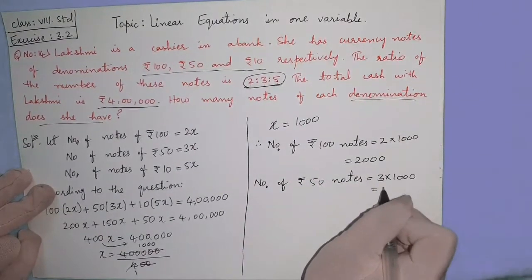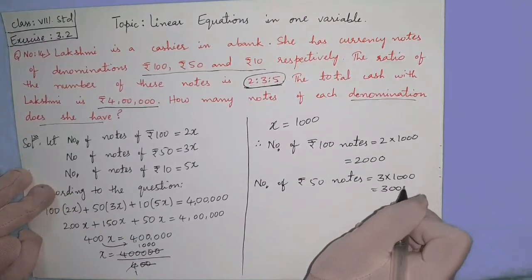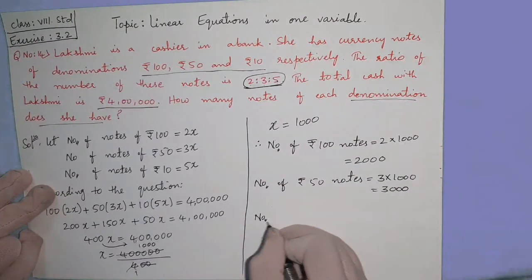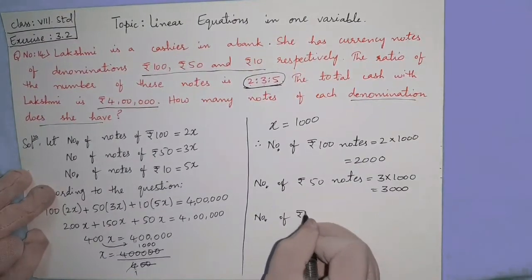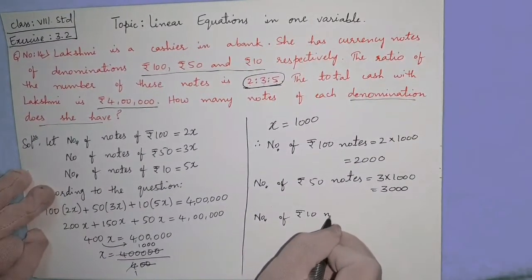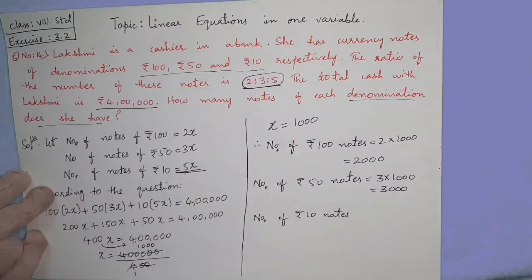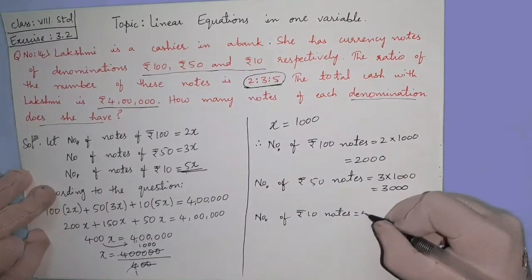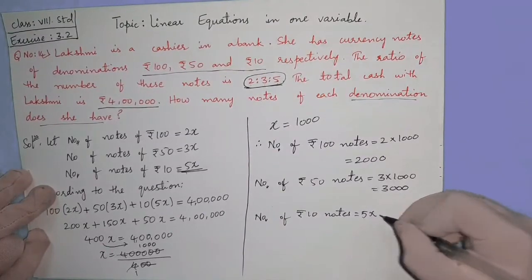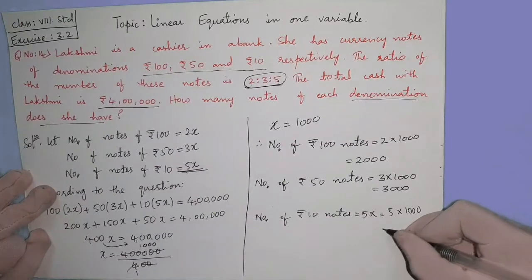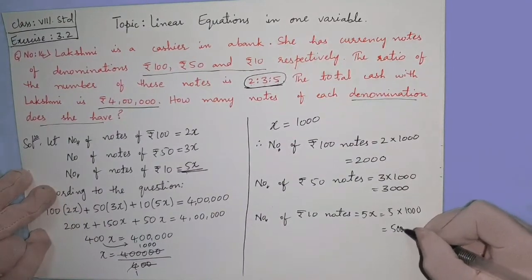So 50 के in that bundle of 50 she will have 3000 notes. Then the number of rupees 10 notes, rupees 10 के कितने notes होंगे, it is we have taken at the beginning as 5x, so it will be here 5x मतलब 5 into 1000 and 5 into 1000 is nothing but 5000.